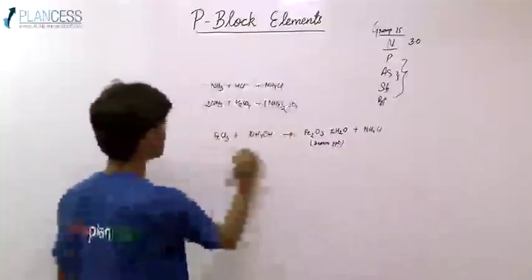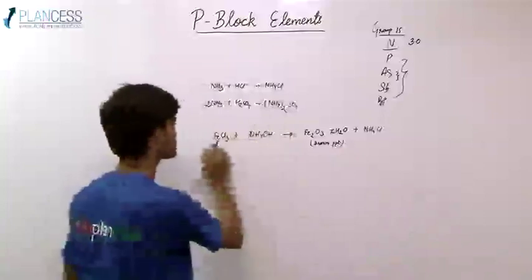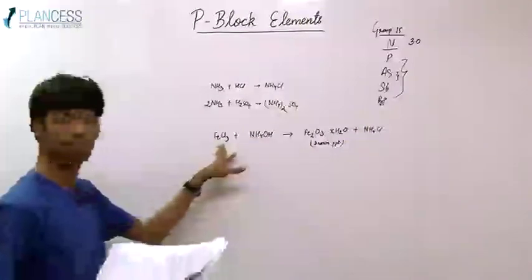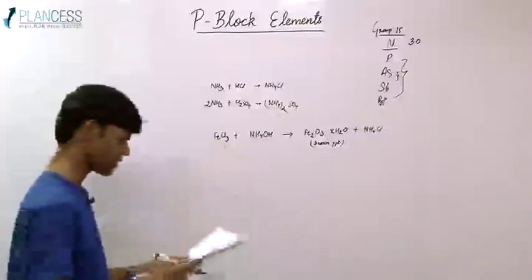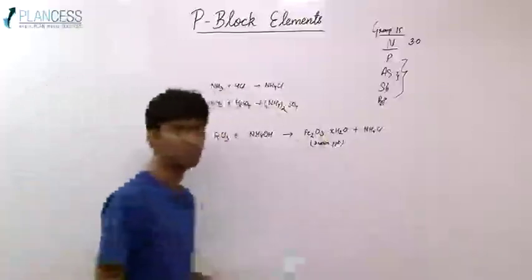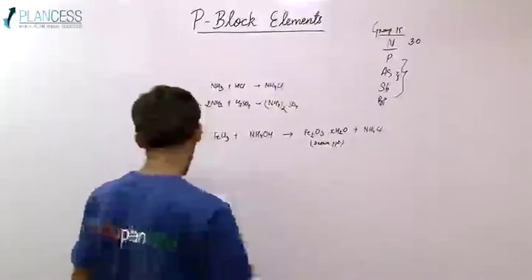So the aqueous solution of NH3 precipitates out the chlorides or salts of metal ions, or 3d ions, and the same happens with ZnSO4 also. Zn(OH)2, which is a white precipitate, precipitates out on the addition of NH4OH.